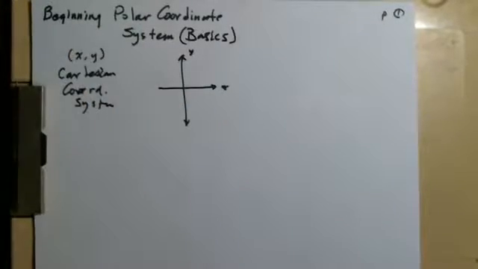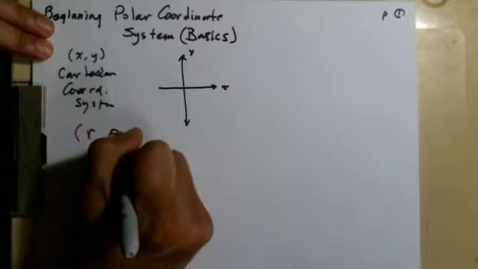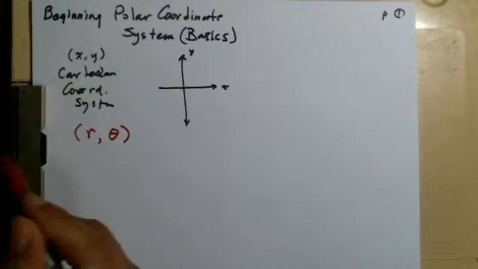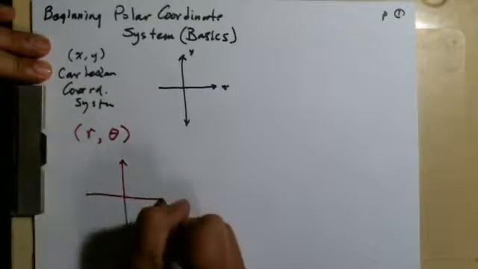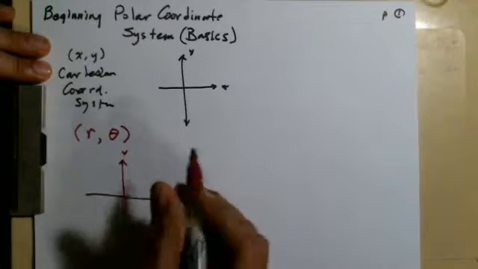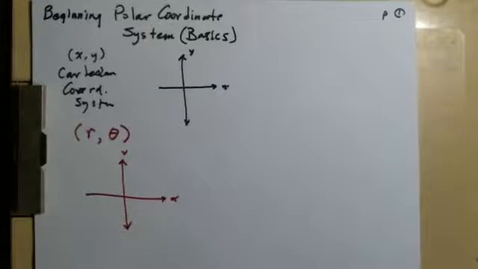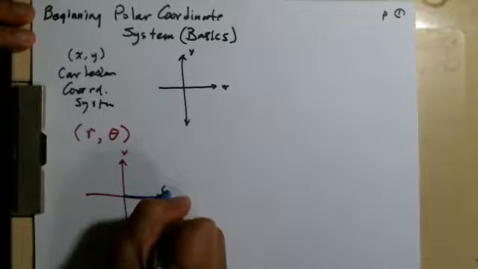In the polar coordinate system, we have a little bit different system now. The first one is called the radius, and the second coordinate is called the angle. The angle and the radius is somewhat difficult to understand, so I'm going to explain how it works. In the polar coordinate system, we still use the xy coordinate, but starting with the angle theta, I'm going to use blue. 0 degrees by definition is here.